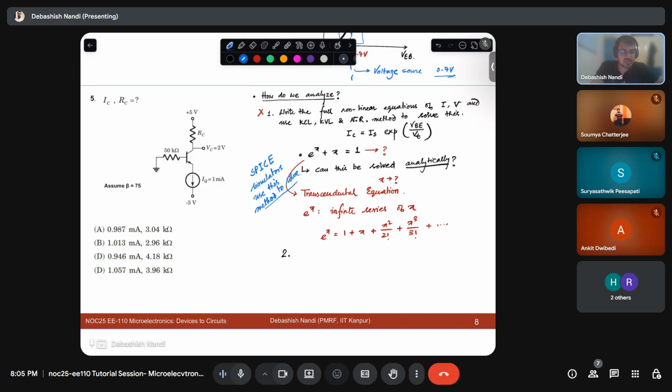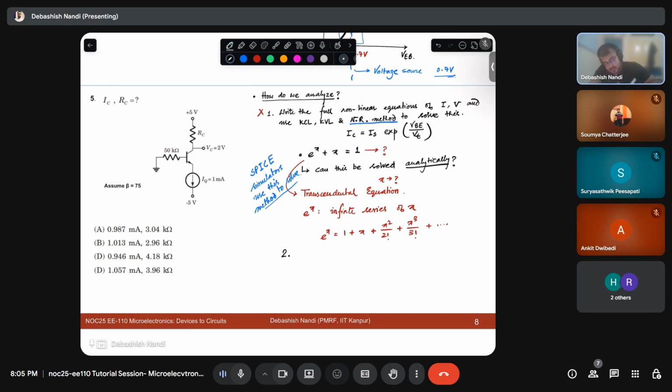SPICE is Simulation Program with Integrated Circuit Emphasis. Whatever the simulator, your Cadence, let's say, then you have your HSPICE, PSpice, LTspice, whatever you take, those all are numerical simulators and they solve these equations by means of the Newton-Raphson method. You must have studied this in your nonlinear equations in your maths course in undergrad.